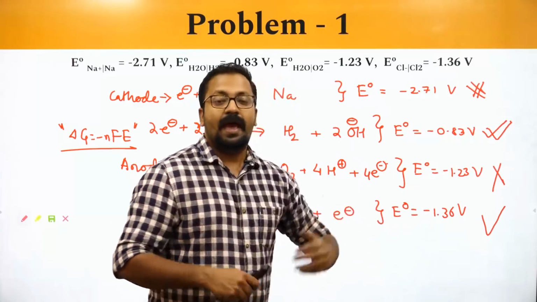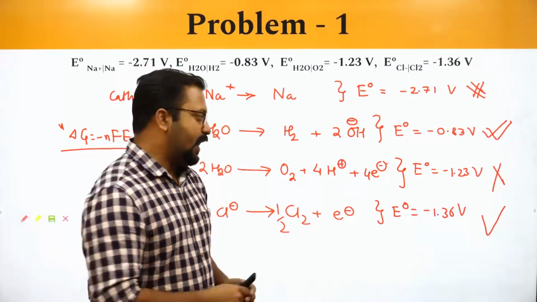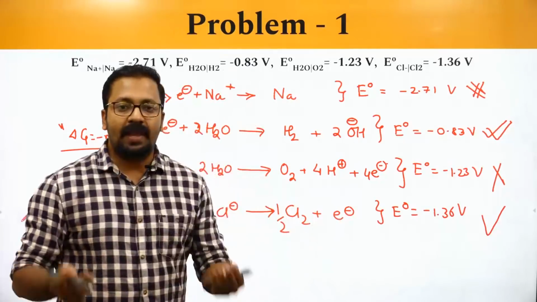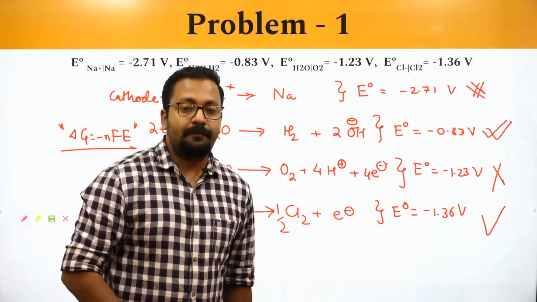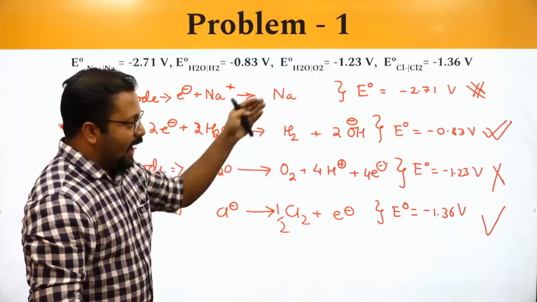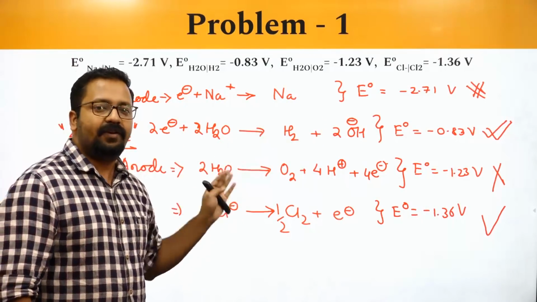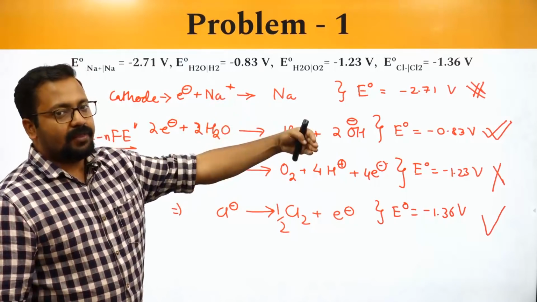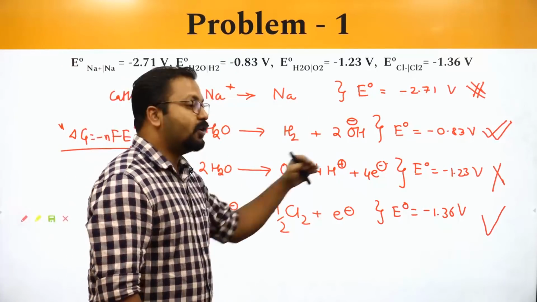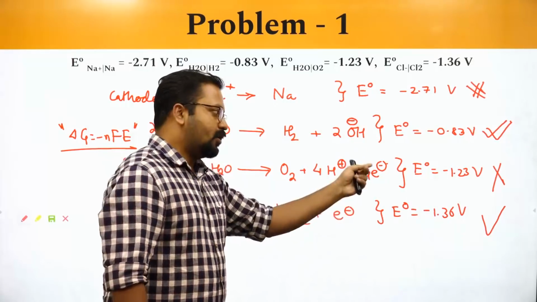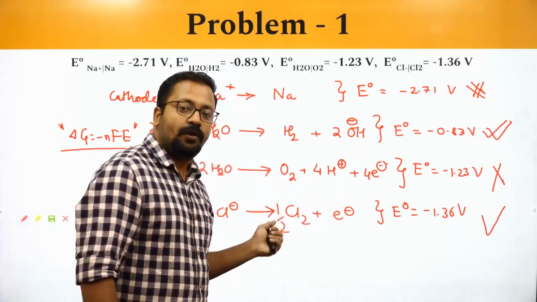Because of that, the second reaction turns out to be more favorable. So remember, when you are electrolyzing aqueous NaCl, hydrogen can be identified as liberated at the cathode. However, chlorine would be liberated at the anode because of the associated overpotential of oxygen.